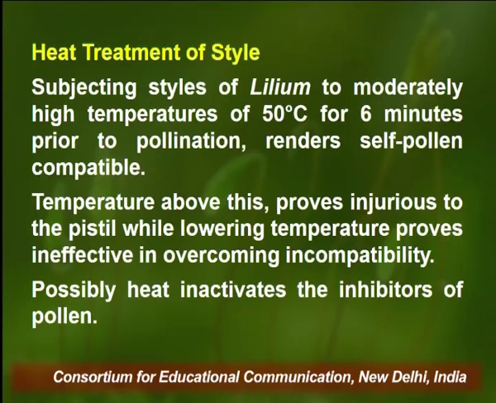But if you raise the temperature above this, it will prove injurious to the pistil, and lowering the temperature proves ineffective in overcoming incompatibility. So, possibly it is the heat treatment which inactivates the inhibitors of pollen.